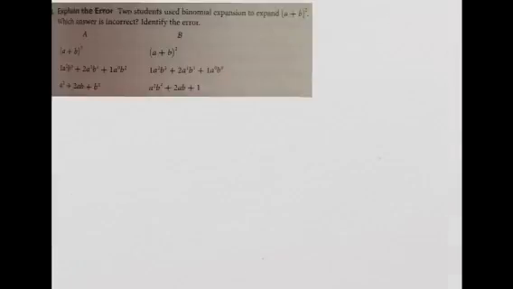For 22, they want you to see which student did the problem incorrectly and identify the error. So when you square a binomial, remember, let me write it like this. A plus b quantity squared would be a plus b times a plus b.